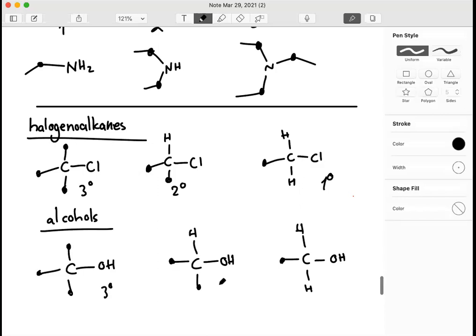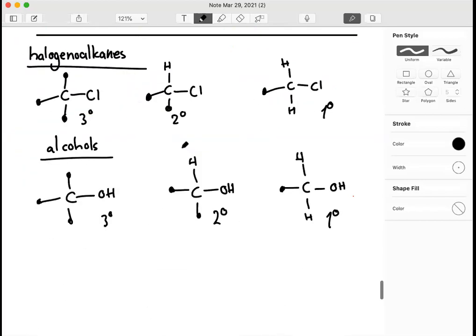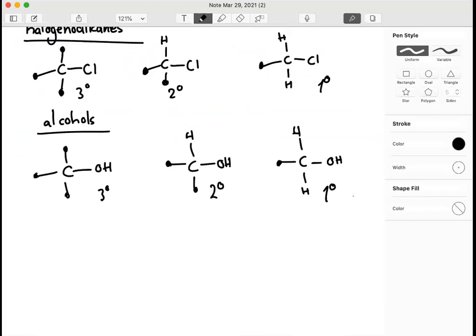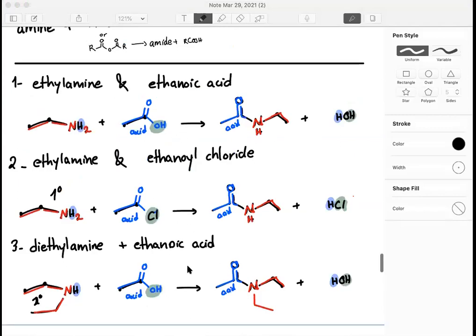Yes دكتور تمام. Okay. طيب let's try to review the rest of the amine stuff. So we did this reaction to form an amide. Okay, let's try to do another example here to complete this.